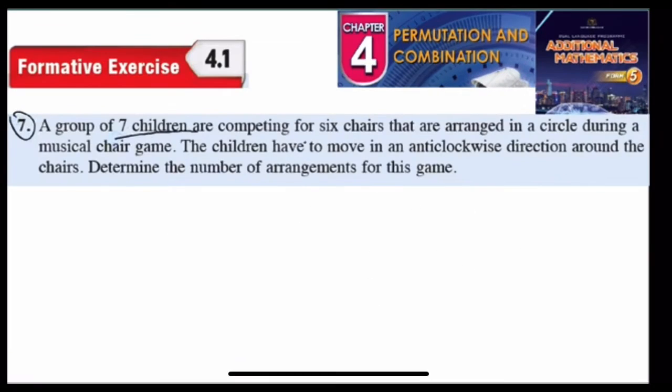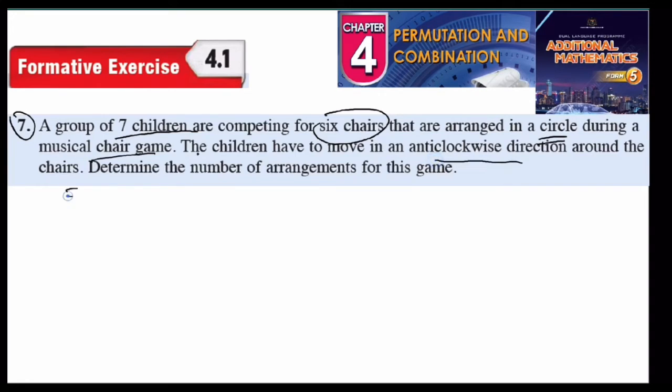Hi guys, finally we have reached question number 7. A group of 7 children are competing for 6 chairs that are arranged in a circle during a musical chairs game. The children have to move in an anti-clockwise direction around the chairs. Determine the number of arrangements for the game.